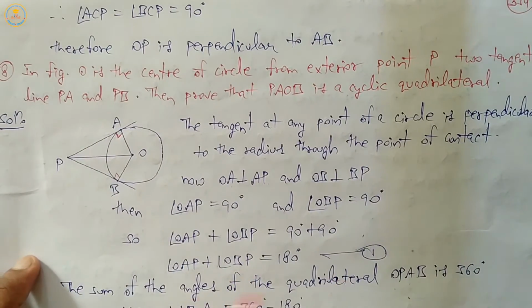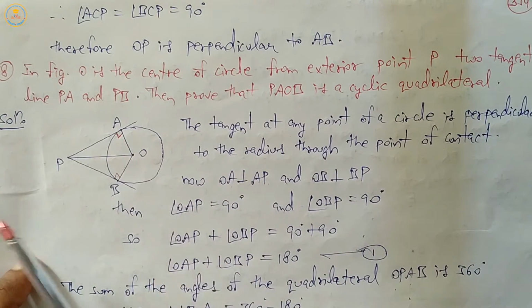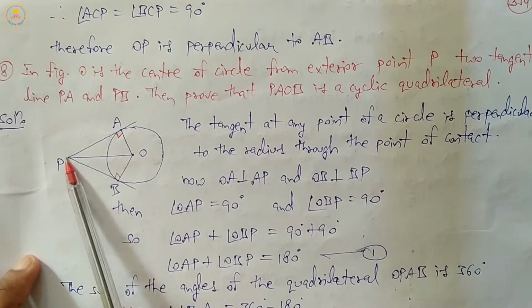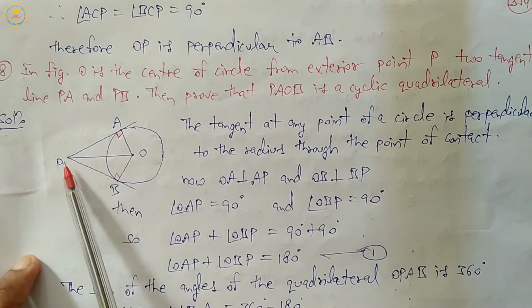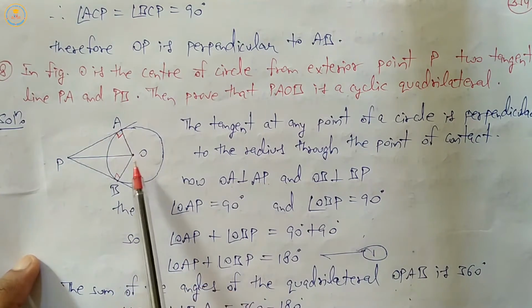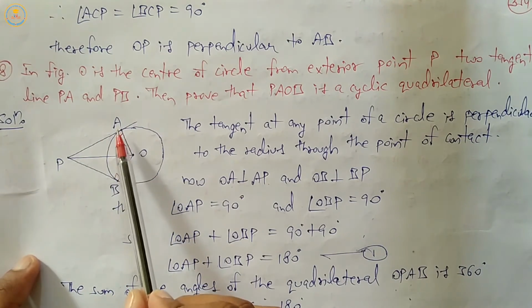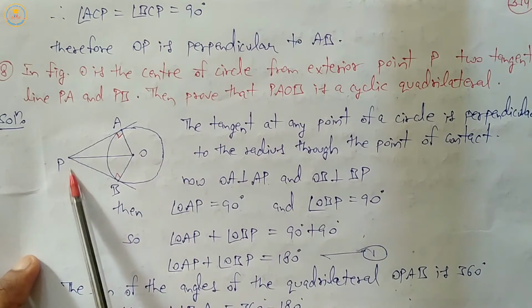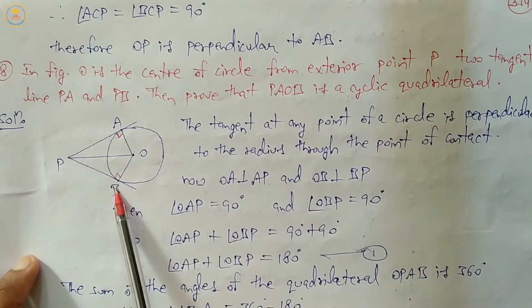Again, a simple question based on a fundamental theorem. Exterior point P, PA and PB are tangents. Join PO. Now PA tangent is perpendicular to radius. OA is radius. It means angle A is 90 degree. Tangent is perpendicular to radius, so B is 90 degree.